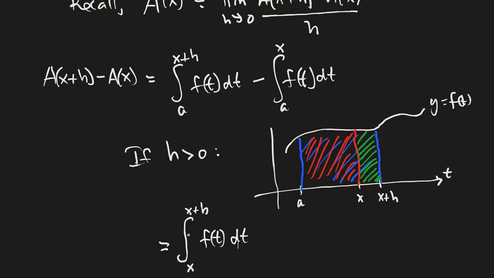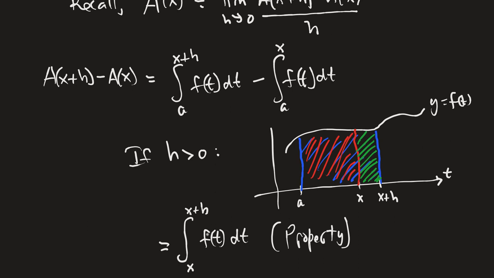And in fact, not only did we illustrate this with the area function, but this is one of our properties of the definite integral. So we've seen this in several variations previously.